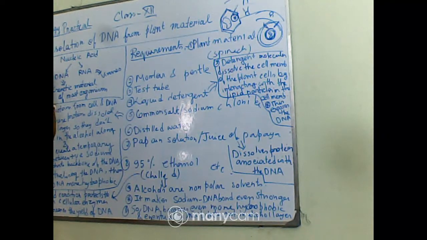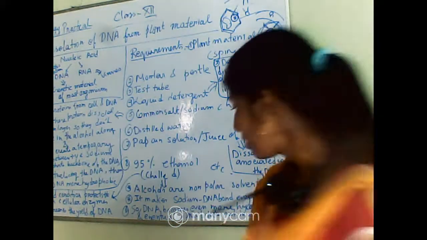Here the cells will be attached, and there will be a cavity. This will be called the blastocoel, this portion is called the inner cell mass, and the outer layer will be called the trophoectoderm. So this is the rough diagram of the blastula stage. After the fertilization, these morula and blastula stages will be formed.